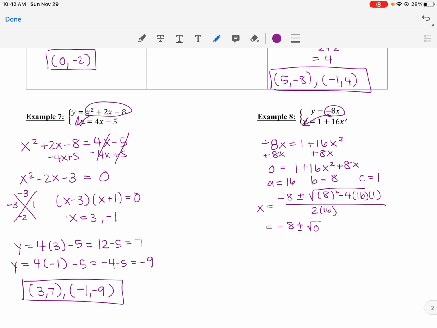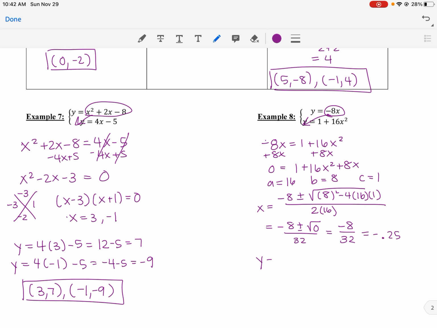So the square root of 0, all over 32. The square root of 0 is just 0. If I add and subtract 0, that doesn't change anything, so there's really only one answer here. Remember when we said the discriminant was 0, it means there was one real answer? So we have one real answer, negative 8 over 32, which I could simplify to negative 0.25, which I'm going to guess you guys like.